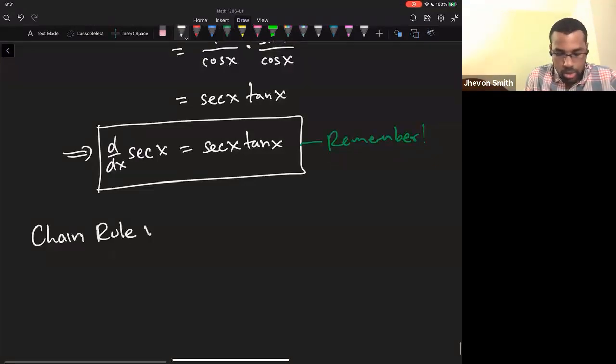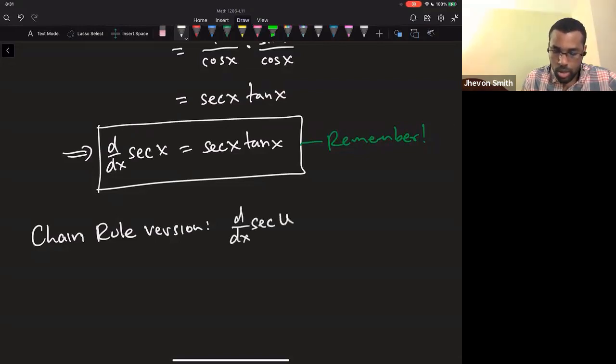Chain rule version. The derivative of secant of u is u prime, secant u, tangent u.